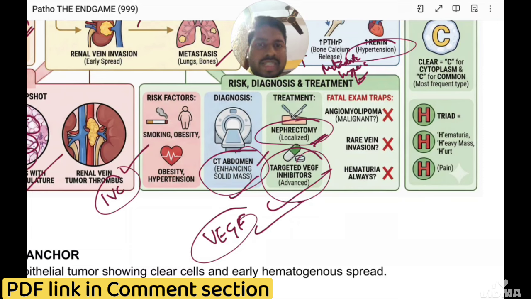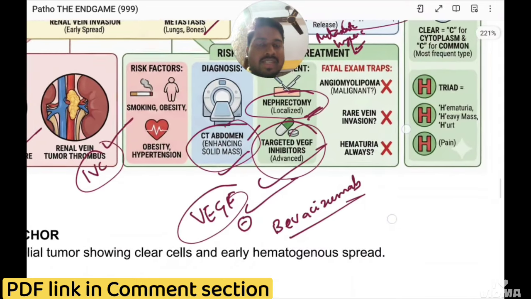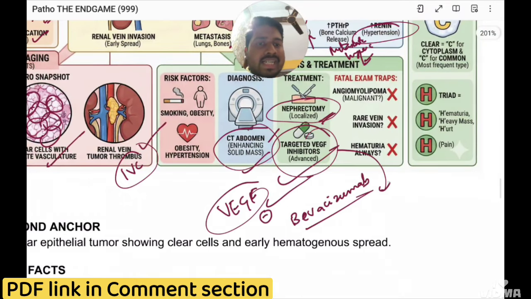One important VEGF inhibitor, a monoclonal antibody against VEGF, is bevacizumab. Although it is not used commonly nowadays, you should still know bevacizumab was used earlier for renal cell carcinoma. Nowadays, targeted VEGF therapy in the form of TKI inhibitors is used, and the most common is sunitinib, and there is sorafenib.